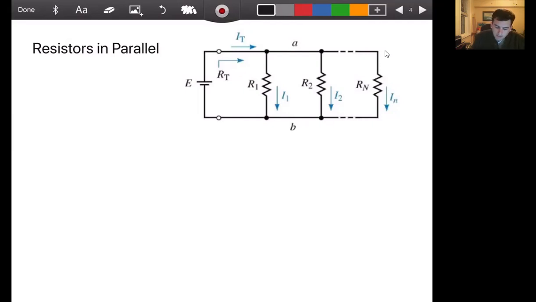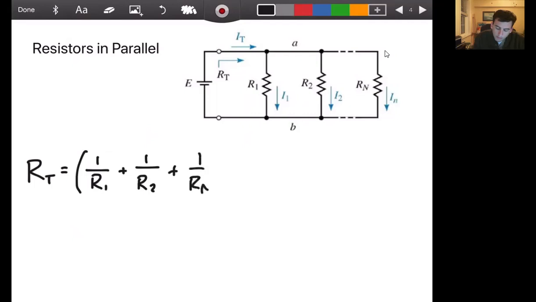Specifically, and this is on your equation sheet, our total resistance is going to be equal to 1 over the first resistance plus 1 over R2 plus 1 over Rn. Again, these are all resistors in parallel with one another. And this entire quantity will be under 1.